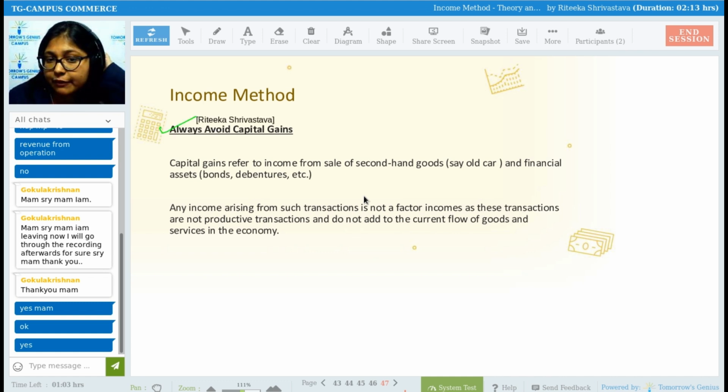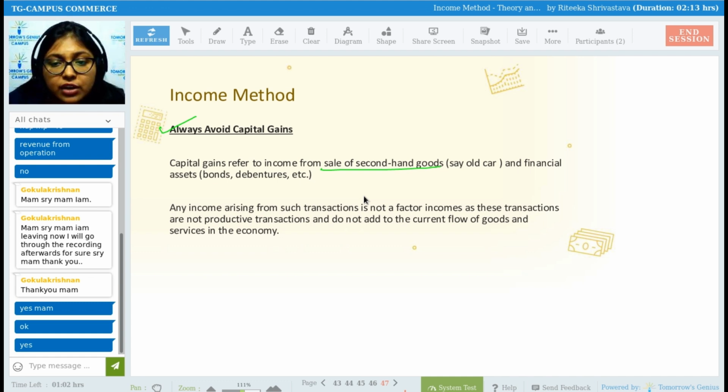Next, we always have to avoid capital gains. Now, what are capital gains? Capital gain refers to the income from sale of second-hand goods like an old car or sale of financial assets. The combination of both of these things is called capital gains.